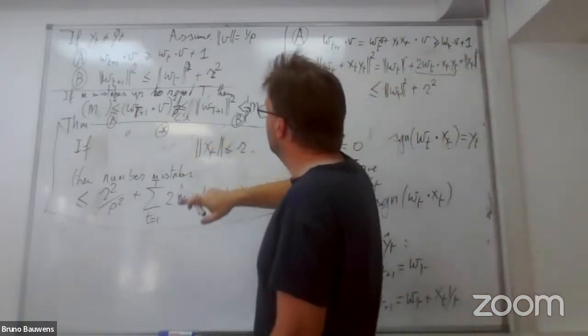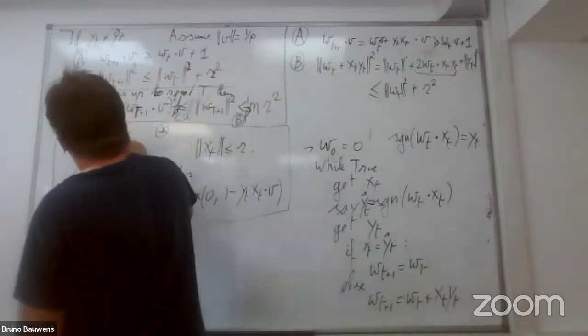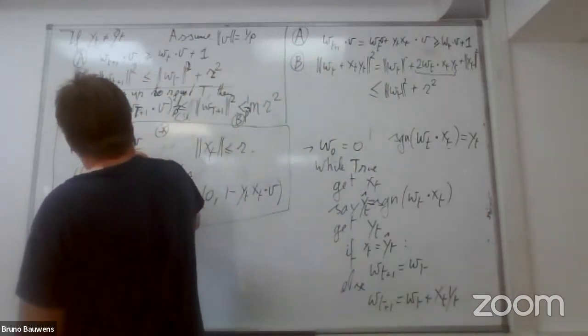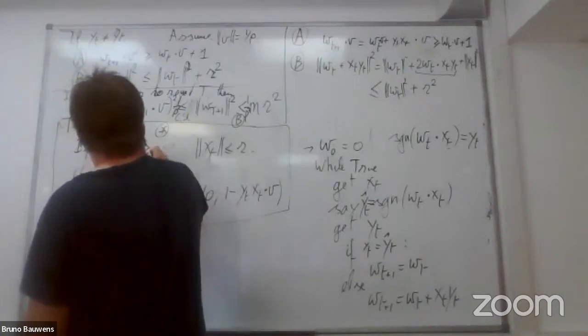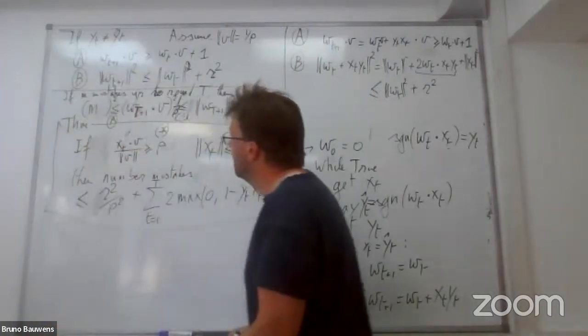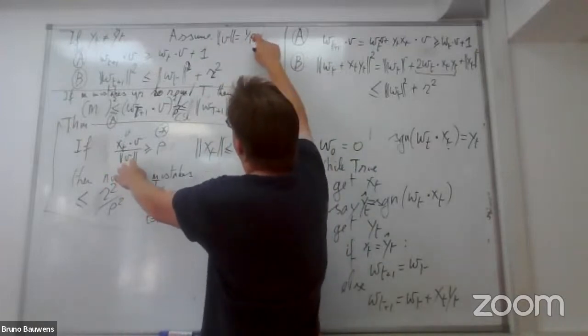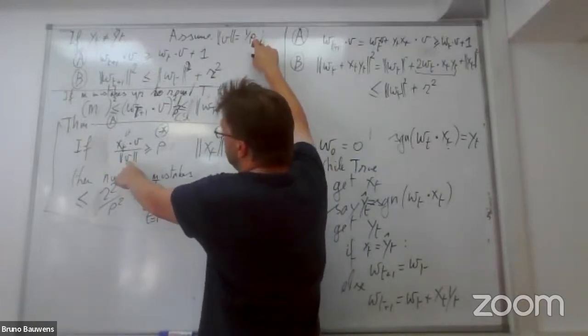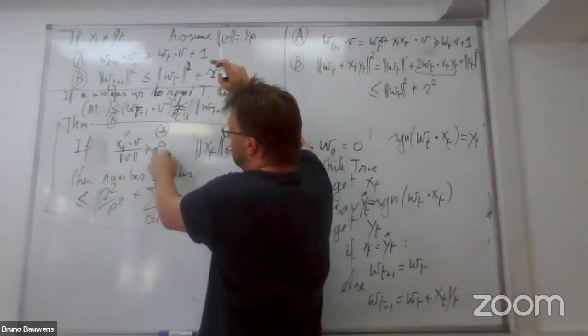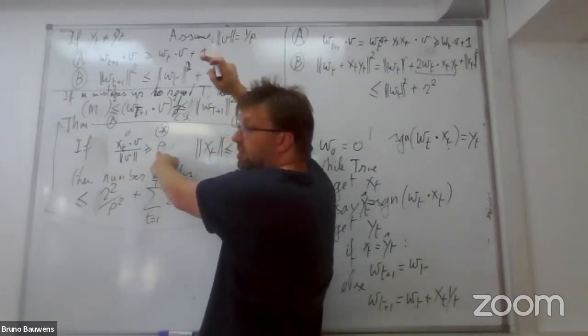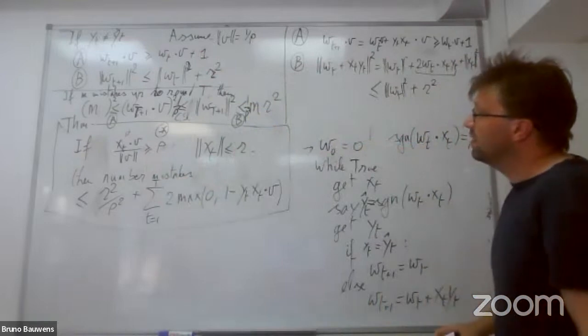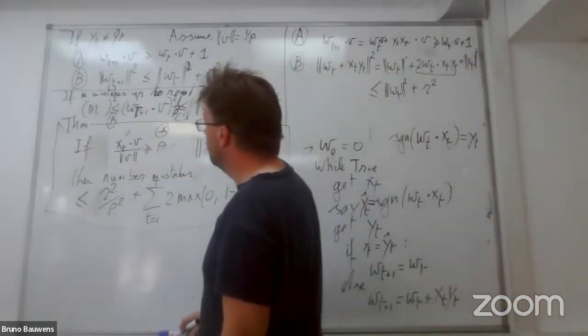We just have to look at the assumption that x_t times v divided by the norm of phi is bigger than rho. If we say that rho times the norm of v is 1, then when we put it here, we get plus 1 here. But we get rid of this assumption.